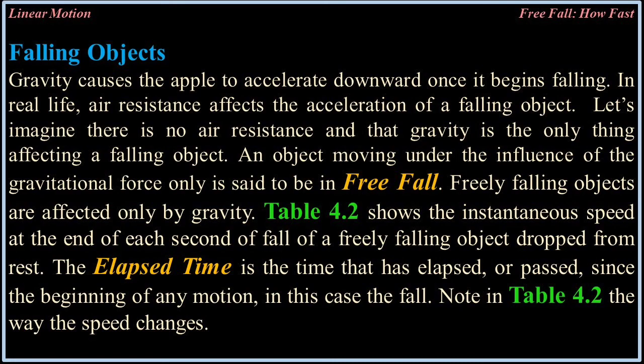Table 4.2 shows the instantaneous speed at the end of each second of fall of a freely falling object dropped from rest. The elapsed time is the time that has elapsed or passed since the beginning of any motion, in this case, the fall. Note in Table 4.2 the way the speed changes.